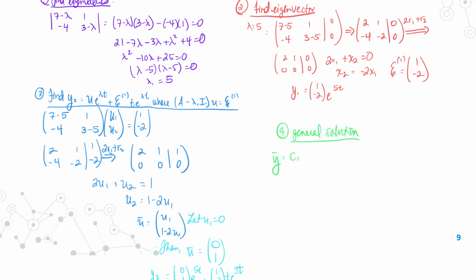So y here is c1, 1, -2, e to the 5t, plus c2, and now in parentheses, this whole solution, which is 0, 1, e to the 5t, plus 1, -2, t e to the 5t. And that is our general solution to this system that has a repeated real root to the characteristic equation, which means it has a single repeated real eigenvalue.